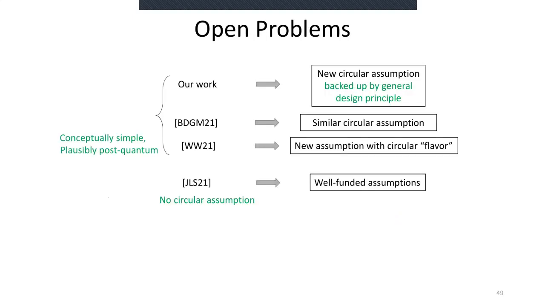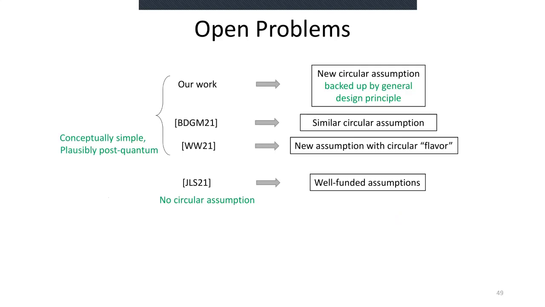Now let me conclude by stating some open problems. This is what the state of the art looks like. There's some work, including ours, that is conceptually simple and plausibly post-quantum. And there's JLS that has the advantage of being provably secure from well-founded assumptions that don't require circular security.